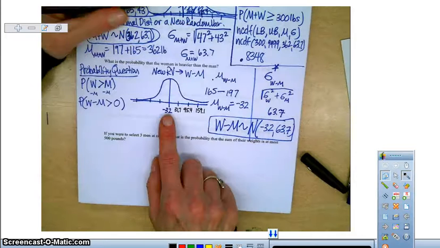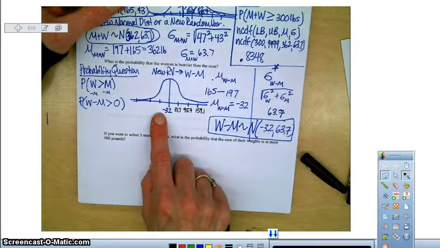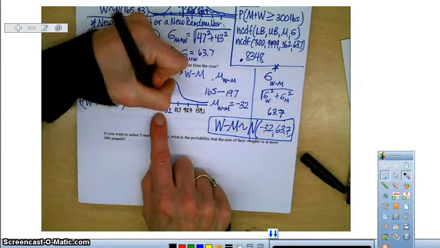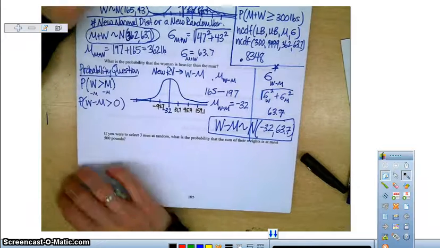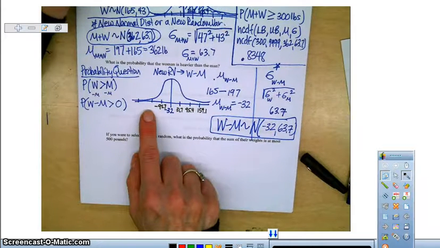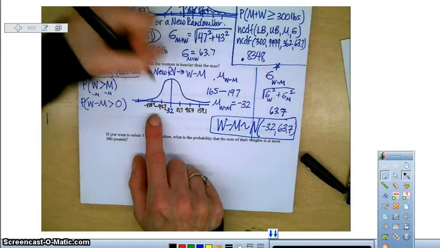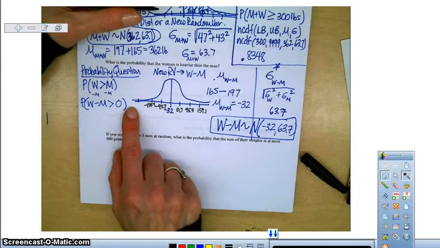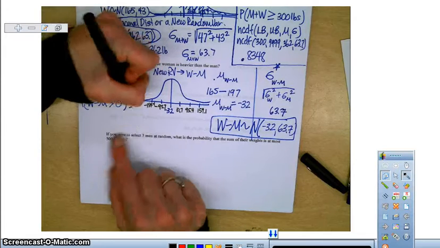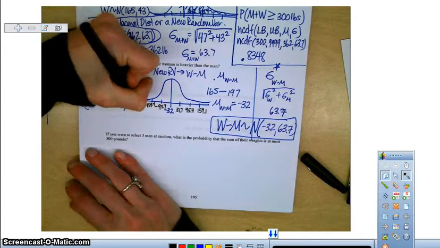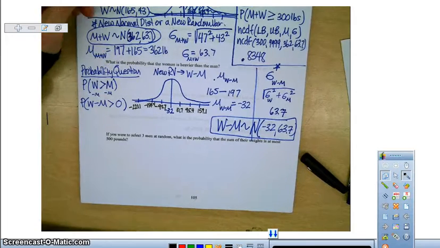Okay, on the other side, negative 32 minus 63.7. Negative 95.7. Subtract 63.7 again. Negative 159.4, and then subtract 63.7 again. Okay, negative 223.1, very good.